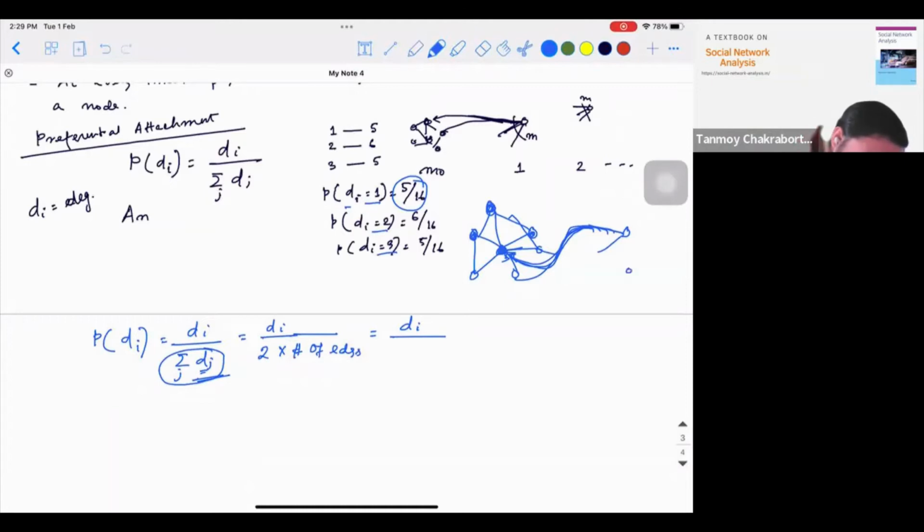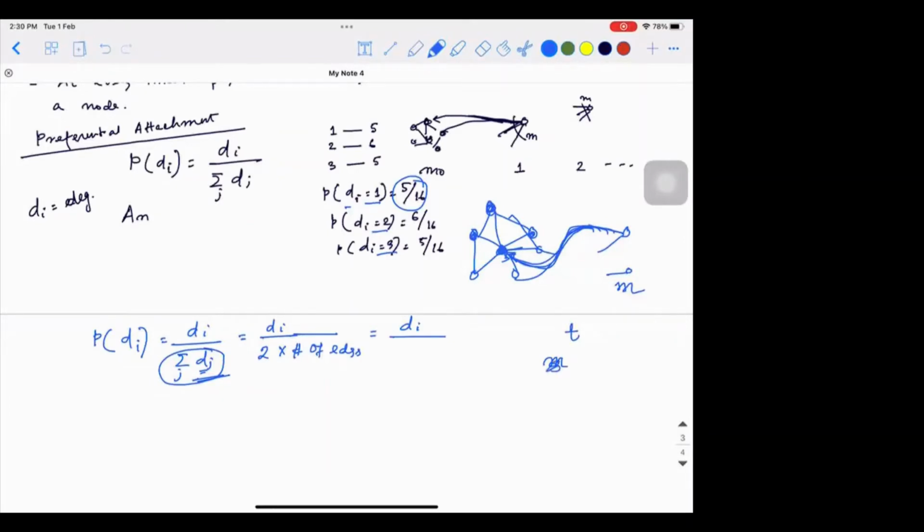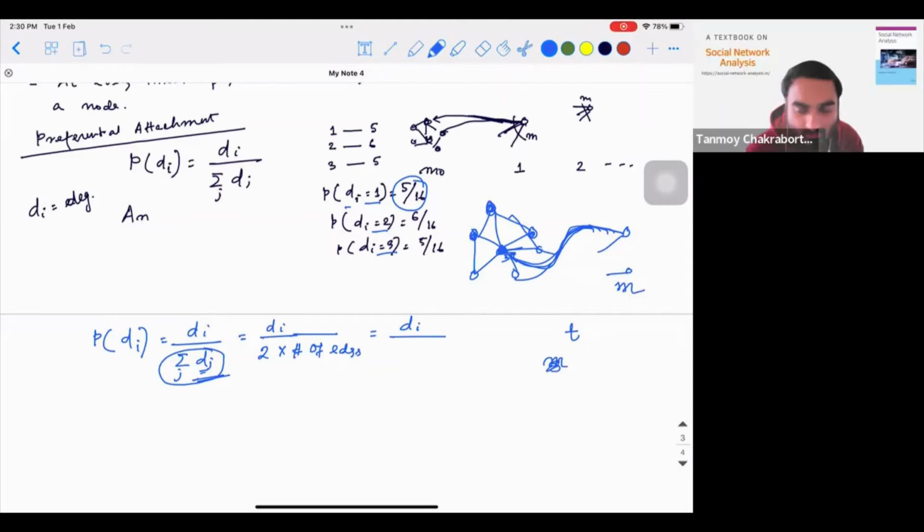So every node comes in with degree m, right? At a particular time t, how many nodes have been added? T nodes have been added, and there are already M0 nodes.